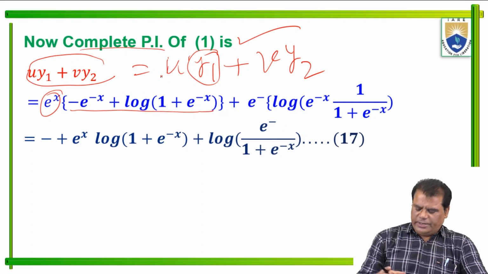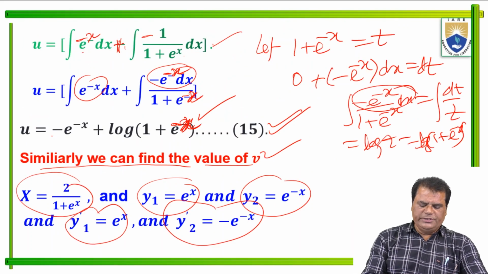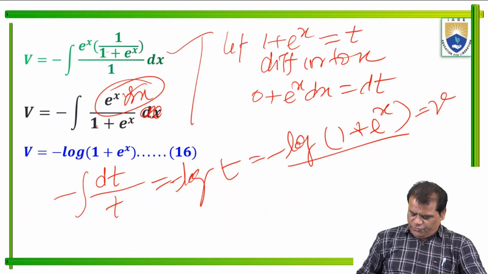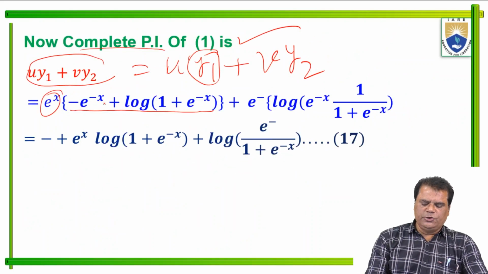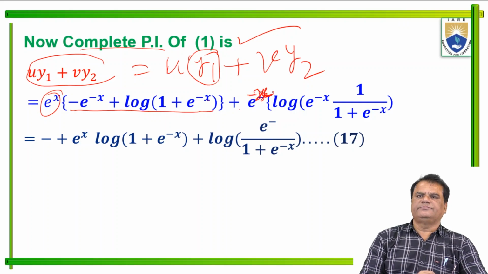What is u? We have found u: u is minus e to the power minus x plus log 1 plus e to the power minus x. So putting the value of u here, minus e to the power minus x plus log 1 plus e to the power minus x, plus y2, which is e to the power minus x.